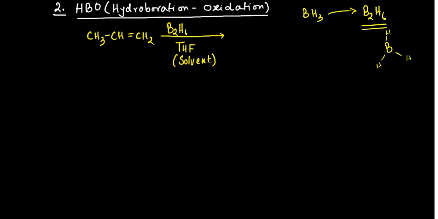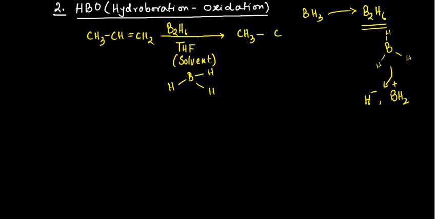So suppose you are using BH3 over here. BH3 can be written as H and BH2. When this BH3 gives away H, it gives it as H minus and BH2 plus. The negative part is going to get attached to the middle carbon as per Markovnikov's rule.